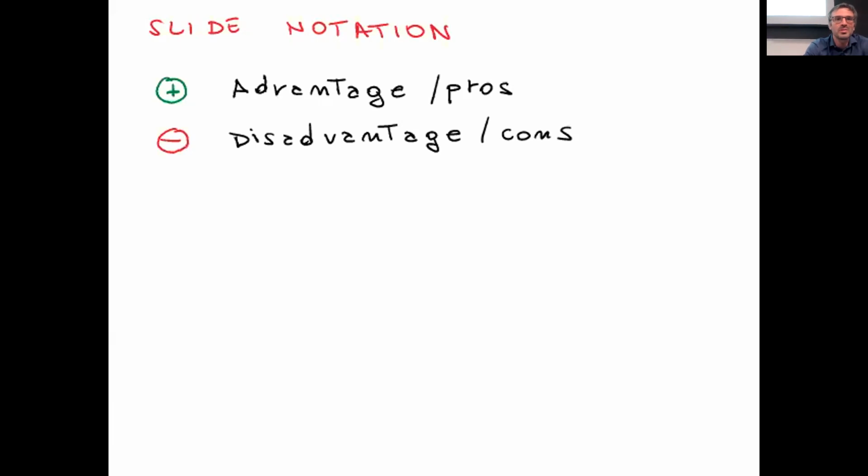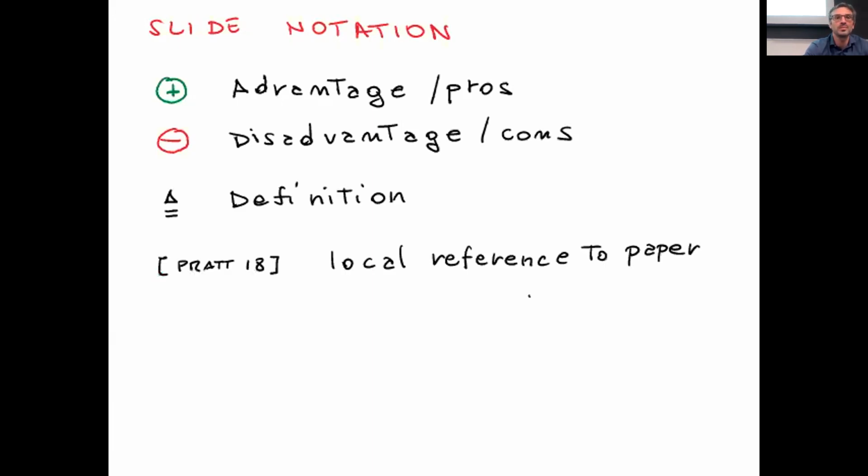You will like it. The drawings will be fancy, a little bit vintage, so don't be surprised if you see a mix of these graphics. The plus means advantage, pros. The minus means disadvantage, cons. This means definition.